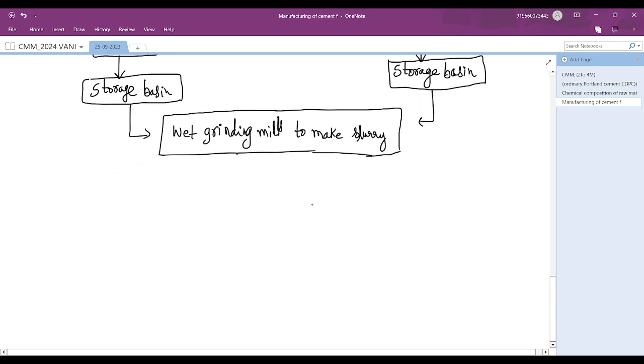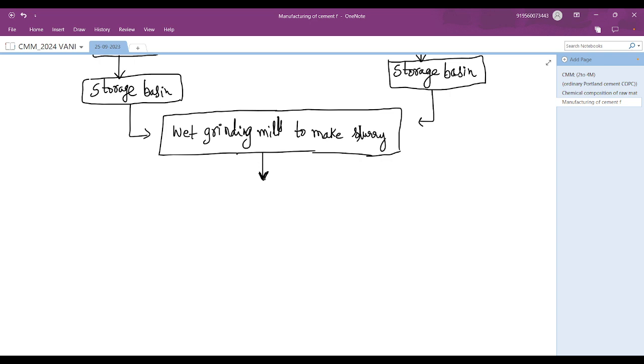Now this slurry is blended to the correct proportion, because the raw materials that are expected to be present should be in the desired percentage, then only the required properties of the cement can be achieved. Because you see lime may be present in 60 to 67%. That range mainly depends upon the function for which the cement is being used.